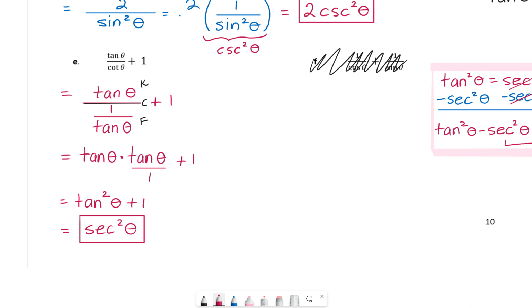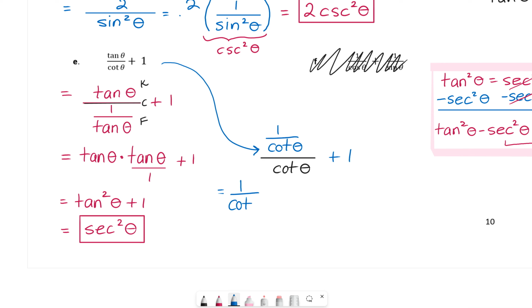Very quickly, what I'm going to do is show you that instead of replacing cotangent, if I replaced tangent with 1 over cotangent and done the other way, right? So 1 over cotangent theta over cotangent theta, and then here's the plus 1. You still have the keep, change, flip here, so 1 over cotangent theta times the reciprocal of cotangent is 1 over cotangent plus 1.